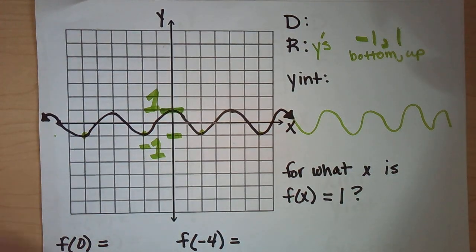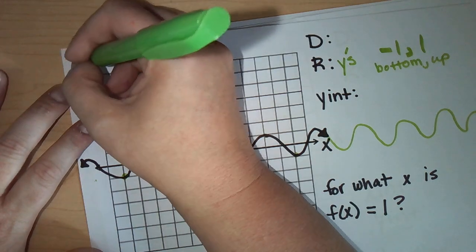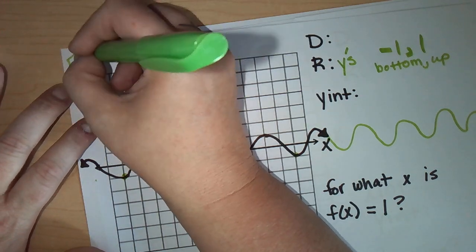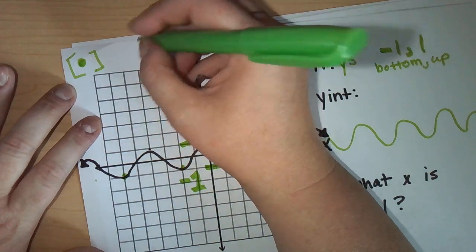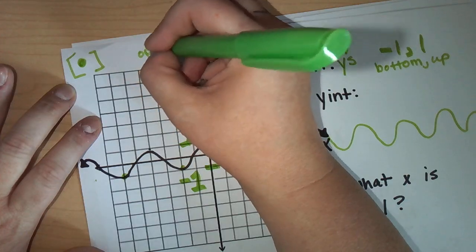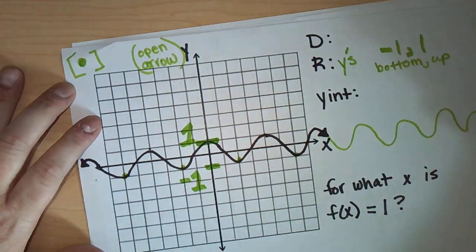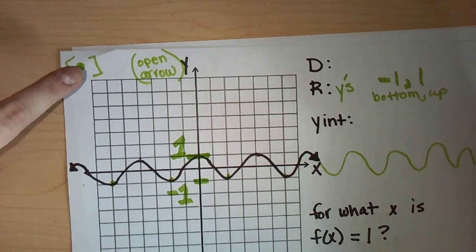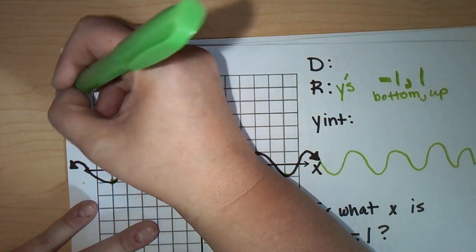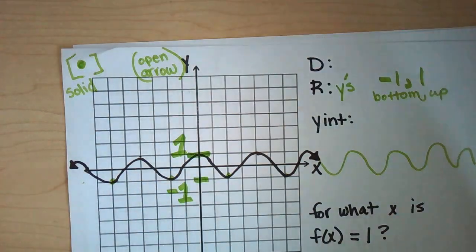If we remember back to our tricks, it said something about closed holes are brackets. And then it said something about open ends and arrows are parentheses. Well, when it was talking about the bracket, it also mentioned something about a solid piece.